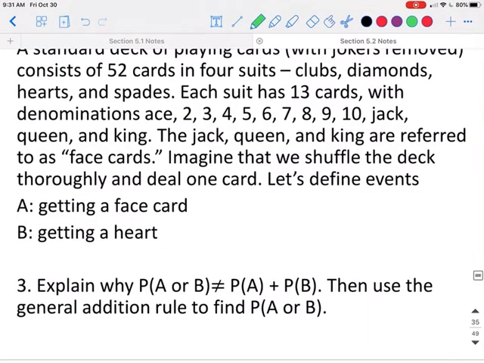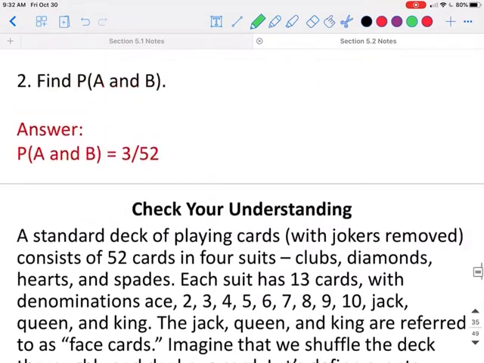Explain why the probability of A or B is not equal to the probability of A plus the probability of B. And then we need to actually find the answer.